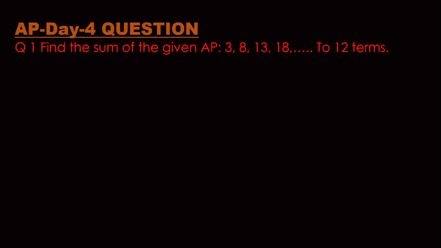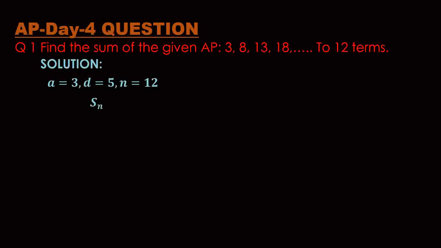For any given AP you already know how to identify the first term and the common difference. So solution: a equal to 3, d equal to 8 minus 3 would be 5, 13 minus 8 would be 5, 18 minus 13 would be 5, so d equal to 5, and we are to add up to the 12th term, so n equal to 12.